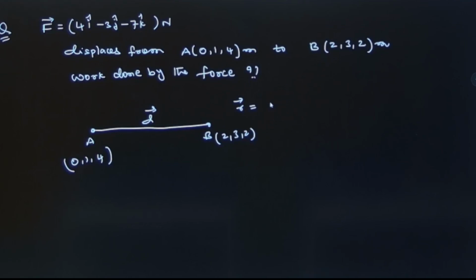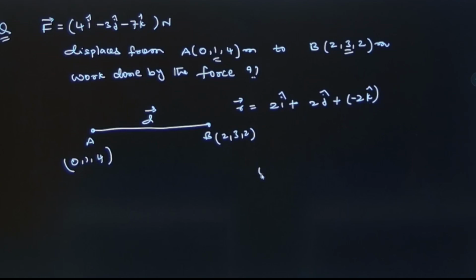Vectorially I write it as: first, 2 minus 0, 2 I cap, plus 3 minus 1, 2 J cap, plus 2 minus 4, minus 2 K cap.